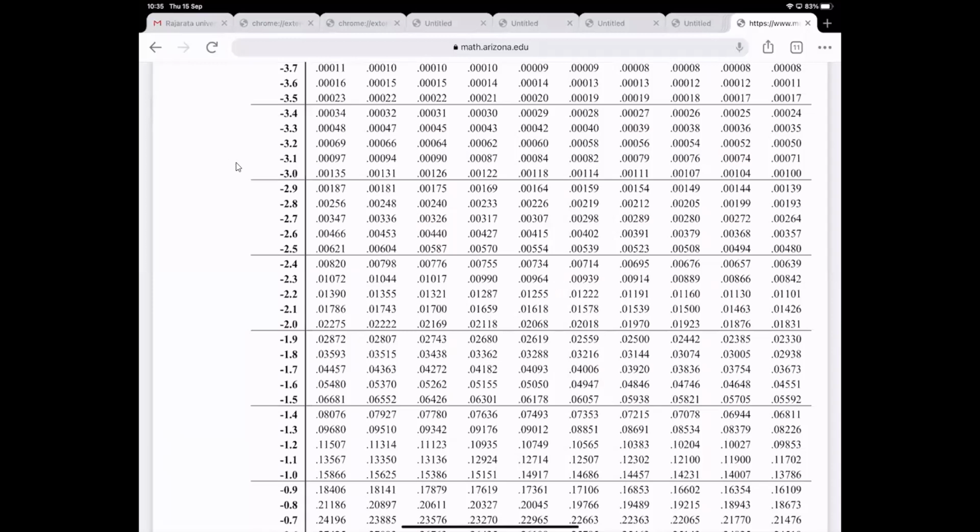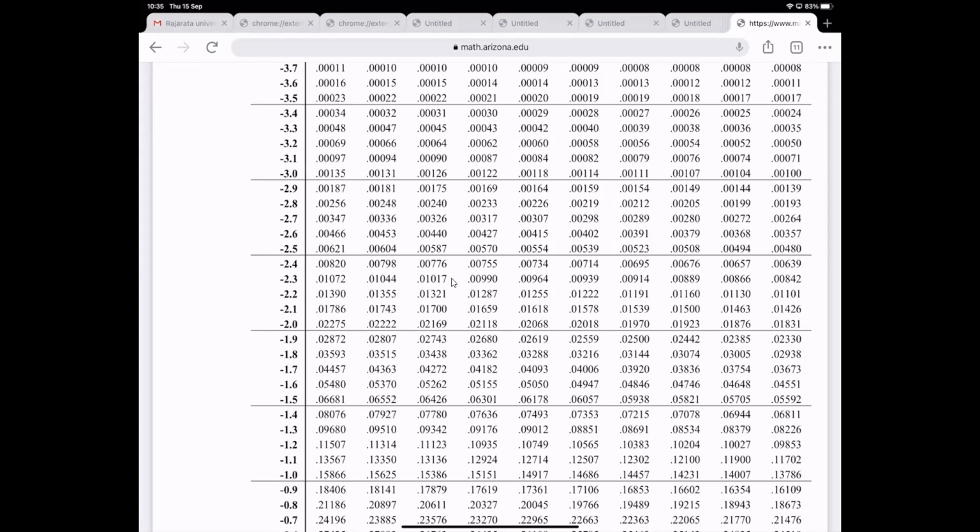So let's see, where is the location of 0.1? You can see here, the value 0.1 is somewhere here. Just consider the value is minus 2.3 between these two values. The 10 percentage means 0.1. Let's see this one.